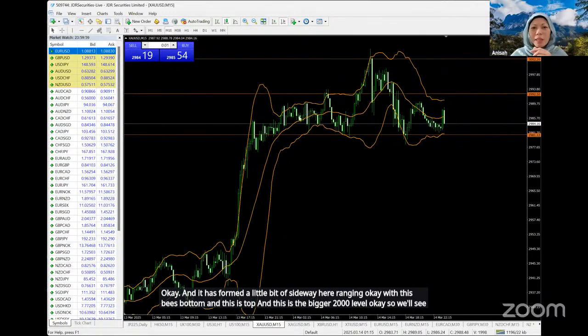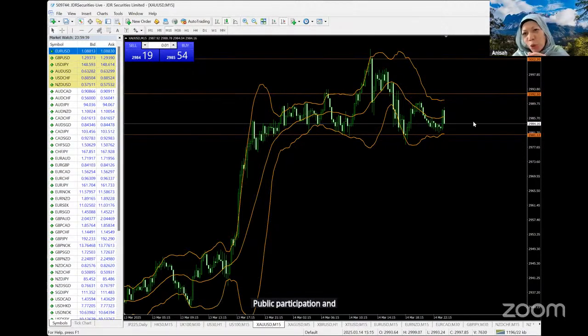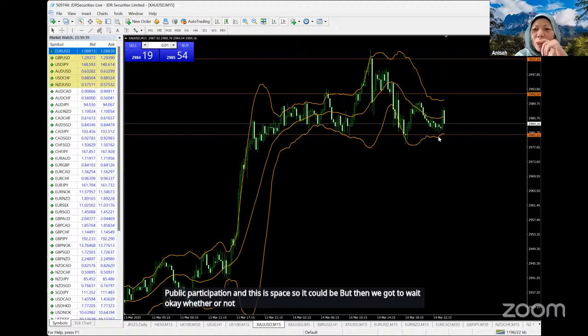This base is at the top. If you remember the trend phase, this is bottom, public participation, and this is base. So it could be downwards. But we've got to wait whether it's going to close below this lower sideway line, or close above 3,002.2.